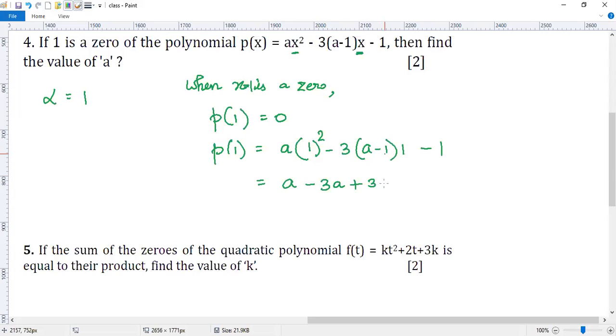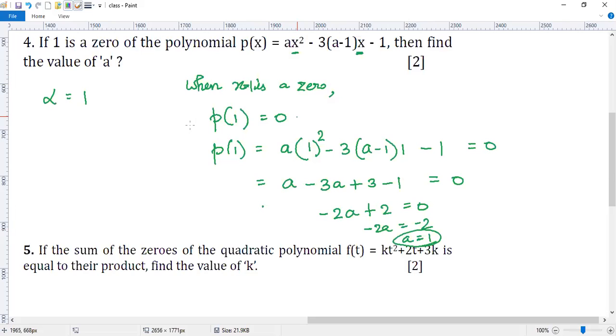Minus 3 into minus 1 is plus 3. Another minus 1. So what will you end up with? This entire thing you have to equate to 0. Correct? So it is minus 2a plus 2 is equal to 0. Or minus 2a is equal to minus 2 and a is equal to 1. So the answer for this question is a is equal to 1.